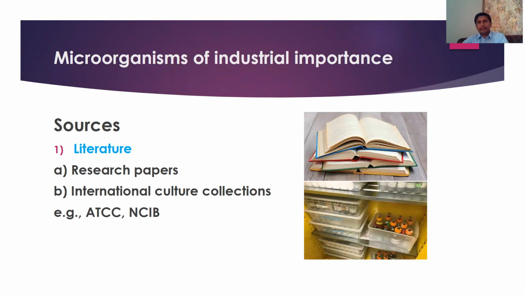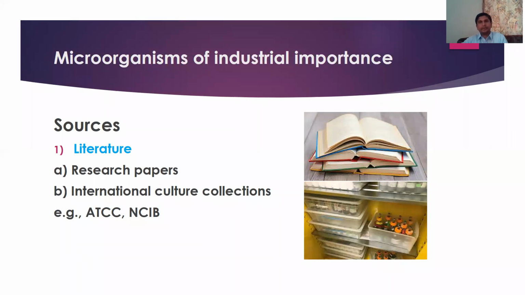Until we go through the literature, we will not be able to find any microorganism or any industrial process that is needed to produce the required industrial product. So in literature, research papers are the fundamental requirements.